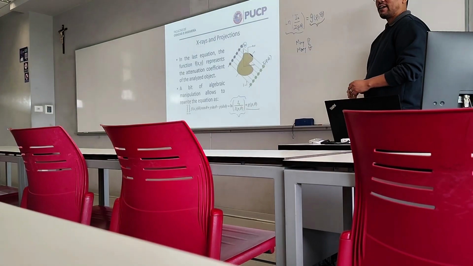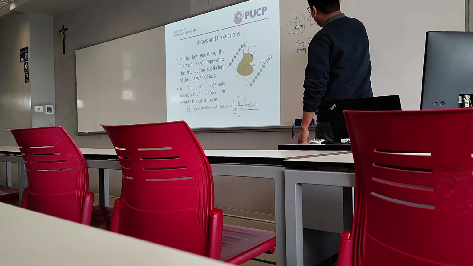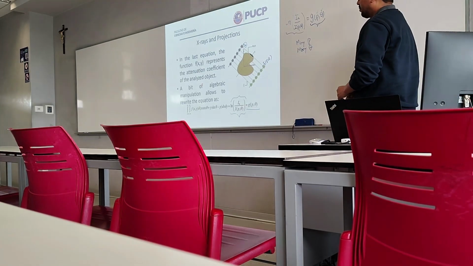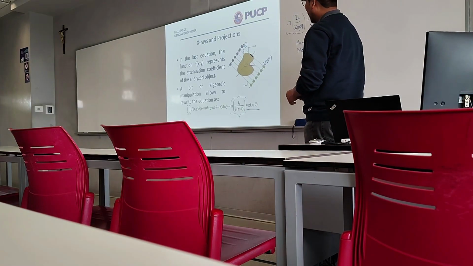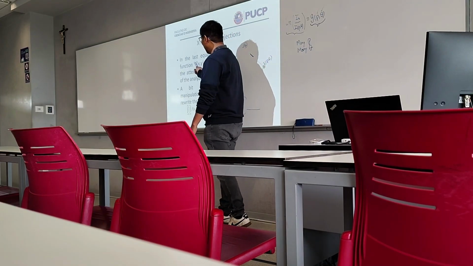And what happens when we have the Radon transform for all the values of P and all the values of theta? What can we do after that? We can apply the inverse of the Radon transform to obtain f(x,y).